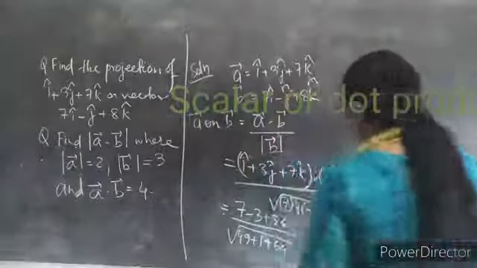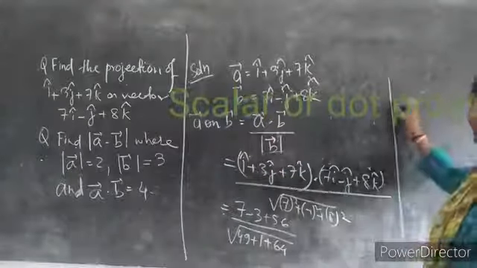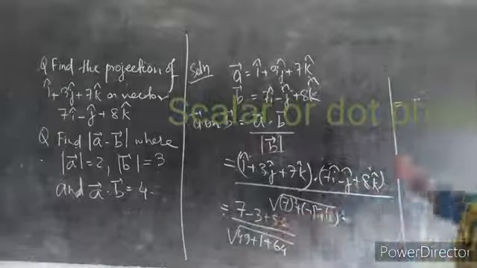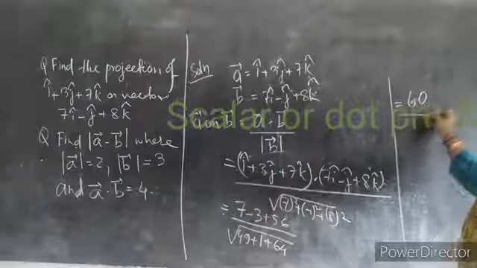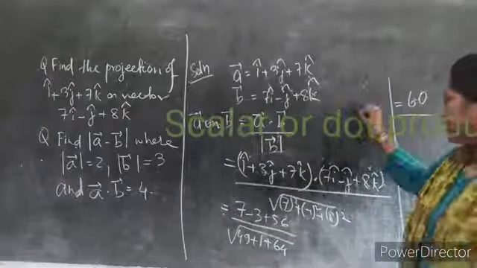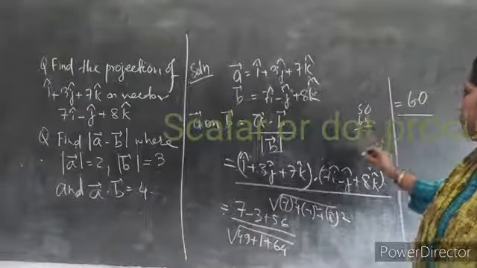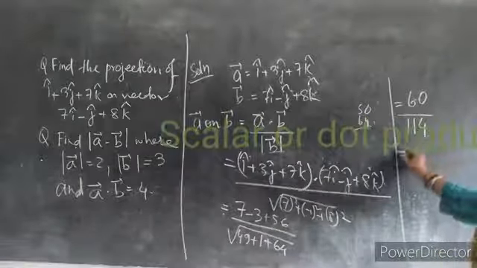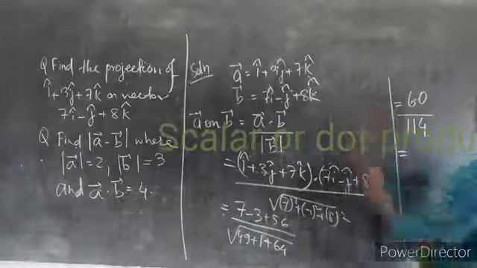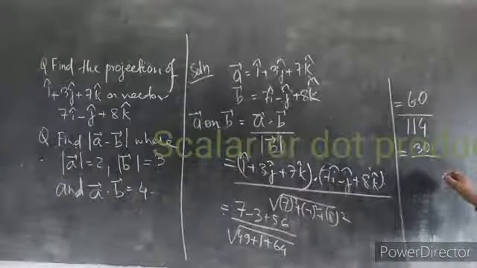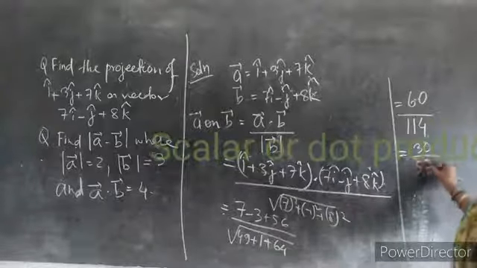Okay, so if you calculate this, what is the value we are getting here? 7 minus 3 is 4, 4 plus 56 is 60, divided by, 49 plus 1 is 50, 50 plus 64 will be 114. So 60 divided by root 114.